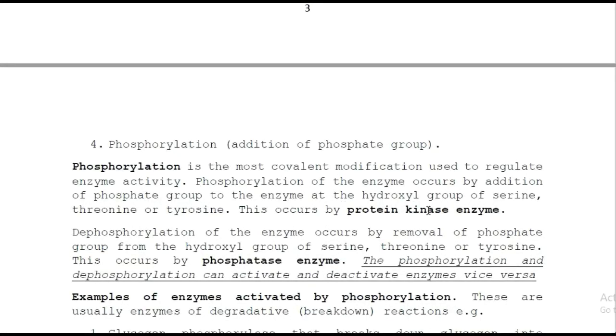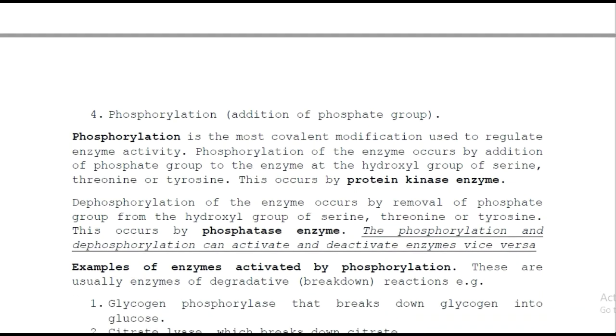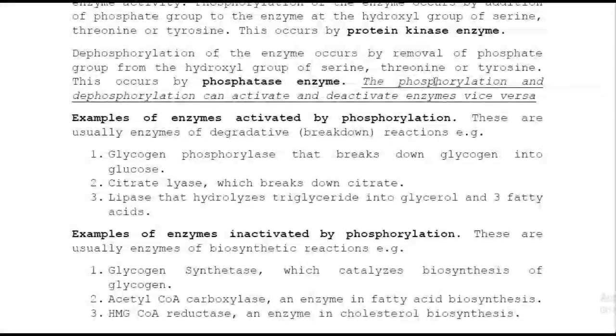Phosphorylation is the addition of phosphates. In some cases, the addition of a phosphate group to a particular molecule actually activates it to carry out its reaction. In some cases, the removal of a phosphate group from a particular molecule actually inhibits it. So it can also be reversed.